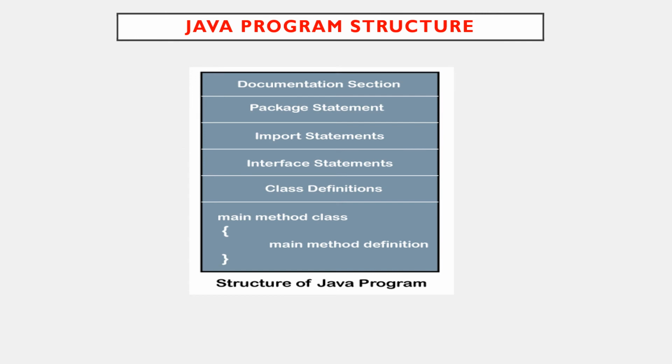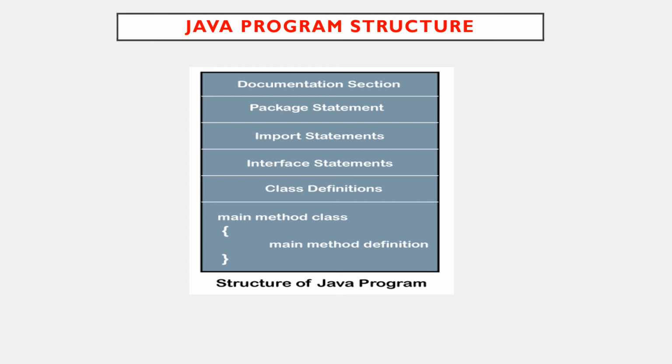So this is the general structure of a Java program. It has a number of different sections: documentation section, package statement, import statement, interface statement, class definition, main method class. These are all the sections we can call the structure of Java programming.